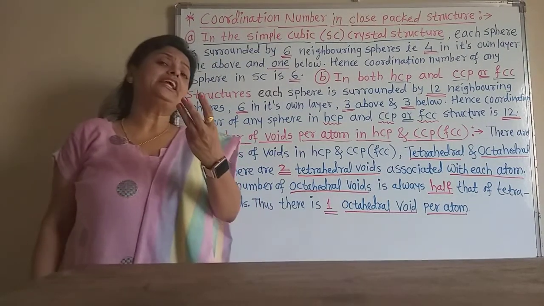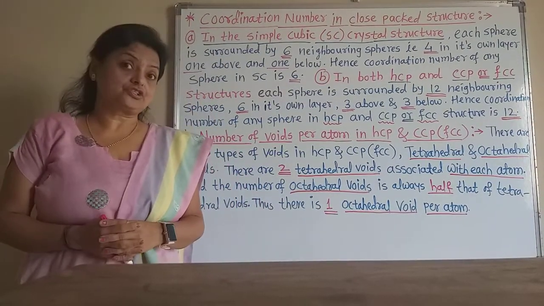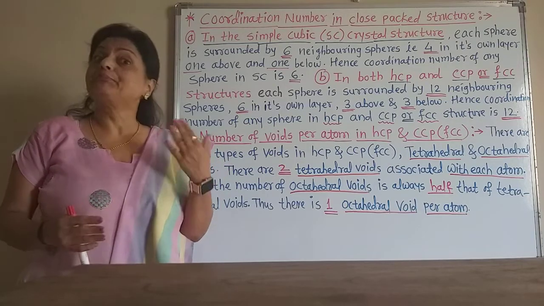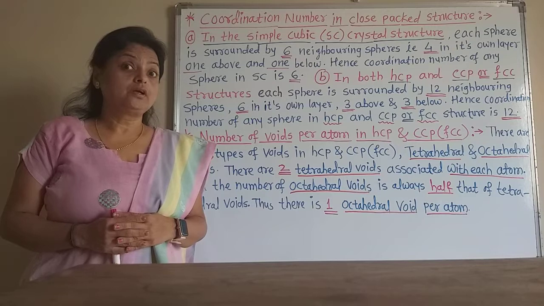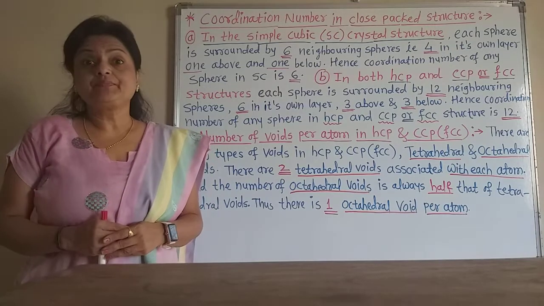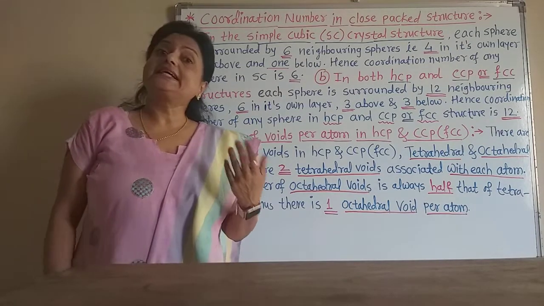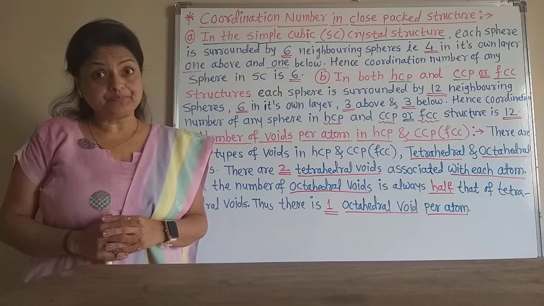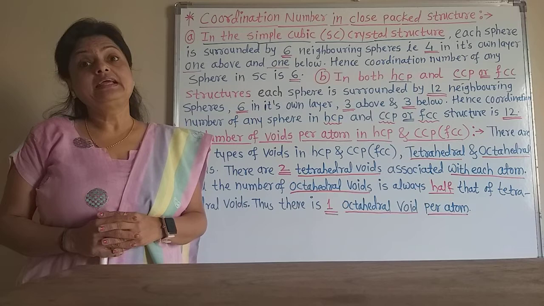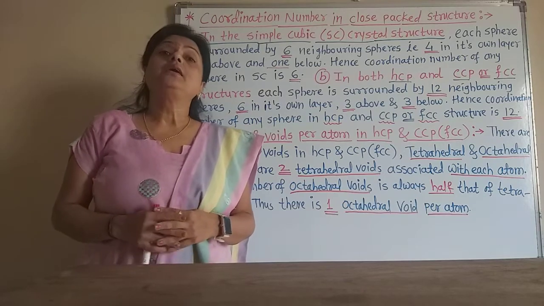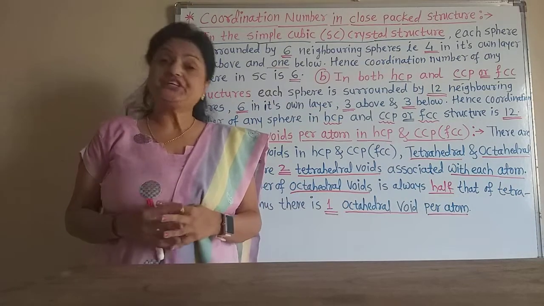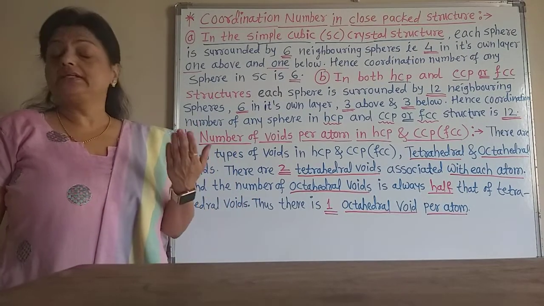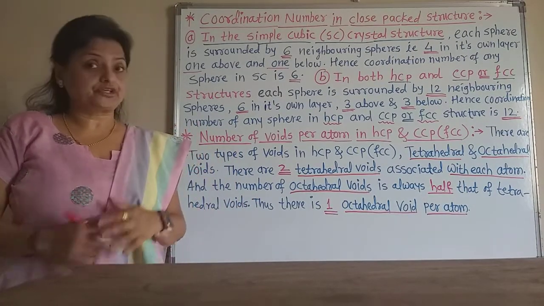Now there are three close packed structures. We already learned this in the last lecture. That is the simple cubic structure, SC, the second one is the hexagonal close packed structure, HCP, and the third one is the face centered cubic structure, which is also called the cubic close packed structure.